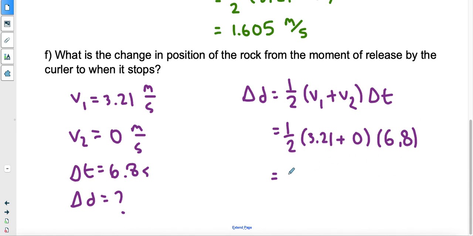If we plug this all in, we get 10.9 meters. This tells us that the rock will move forward 10.9 meters until it comes to a stop.